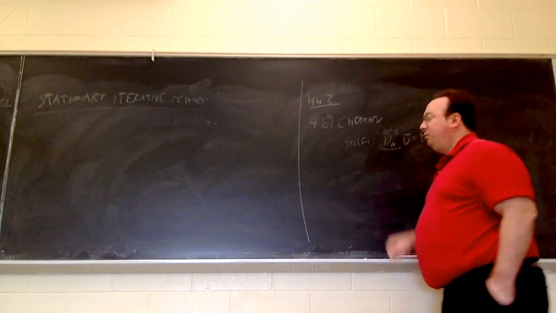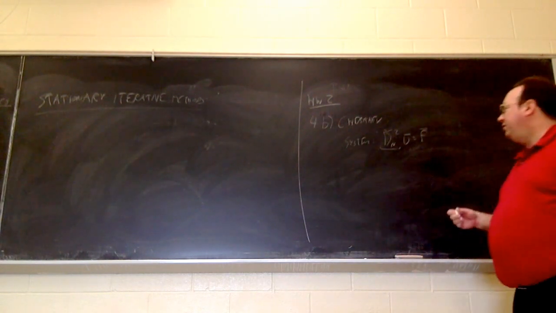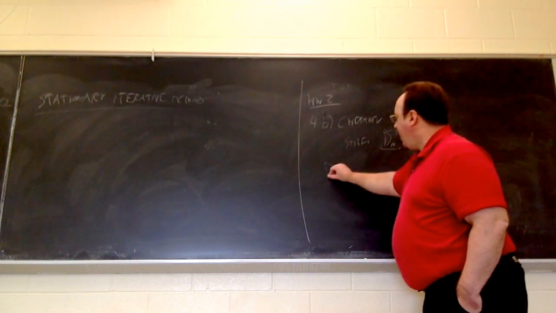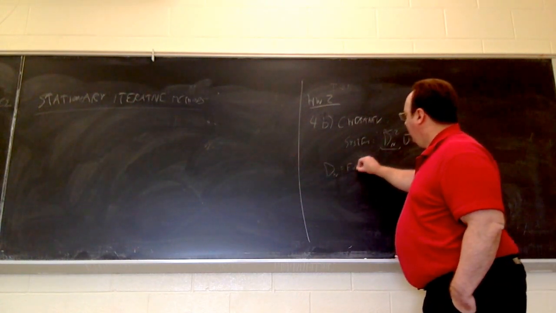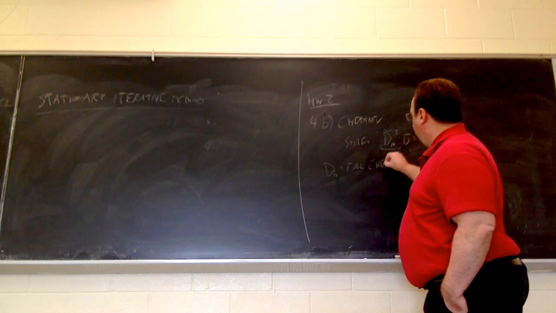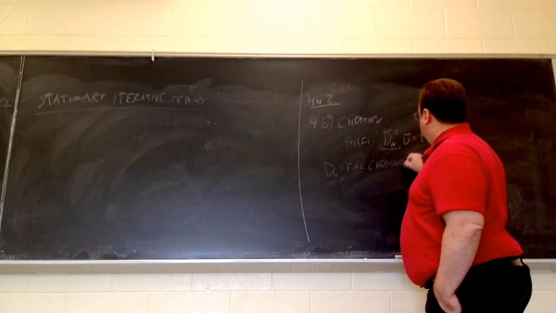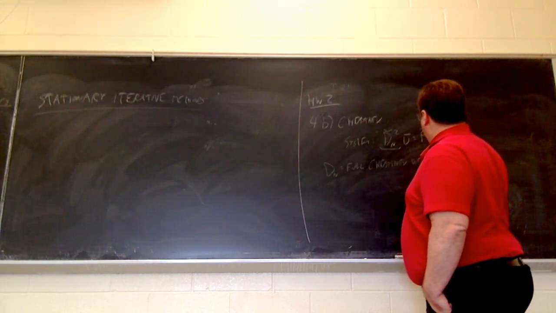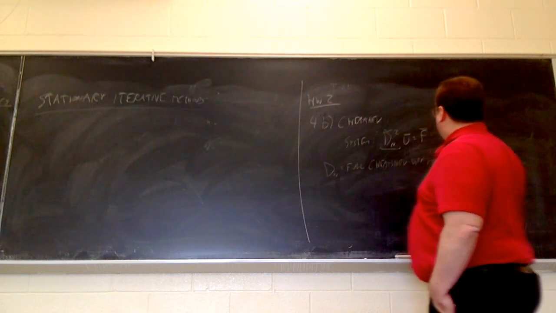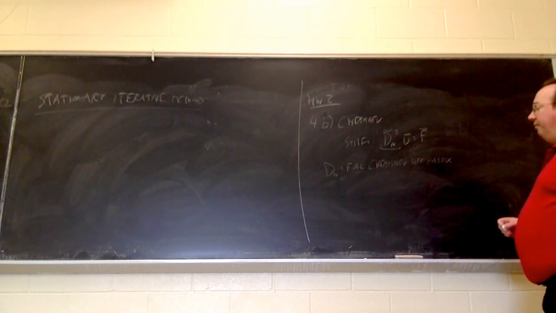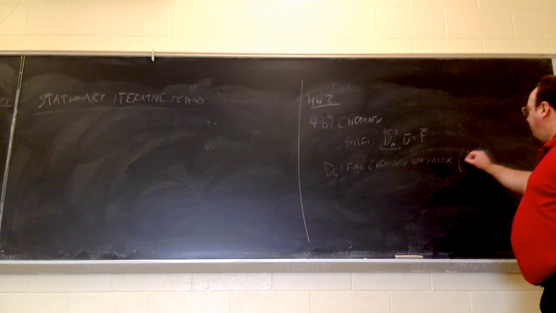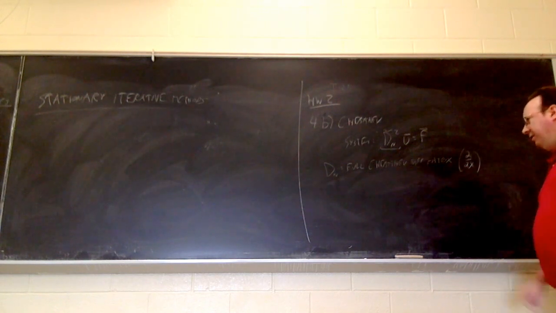But I need to be more careful about how I define this matrix. So DN is the Chebyshev differentiation matrix for the partial with respect to x, first derivative.